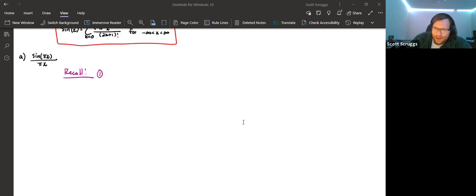The first property that I will be using is if I have a composition of two functions and I already know the power series representation of the outside function. So let's say that f of x has a power series representation.